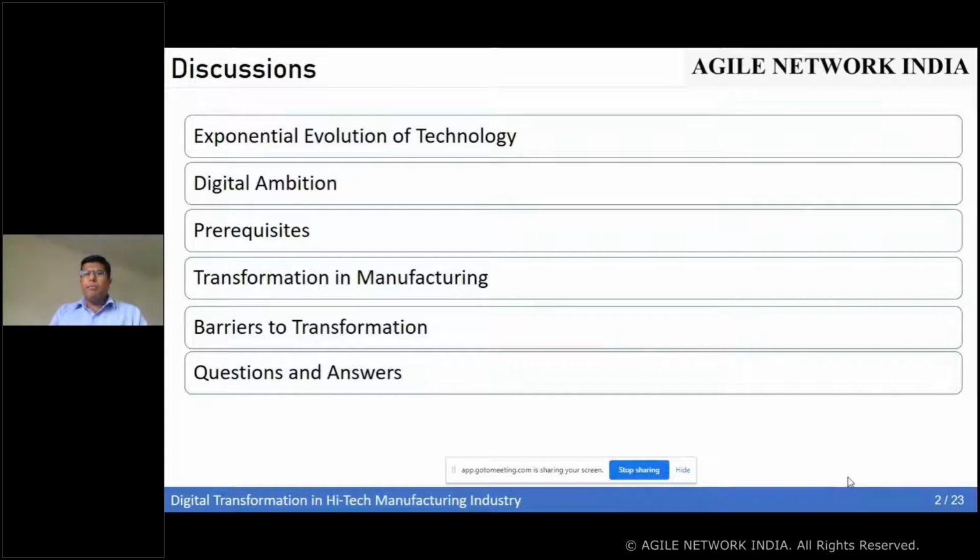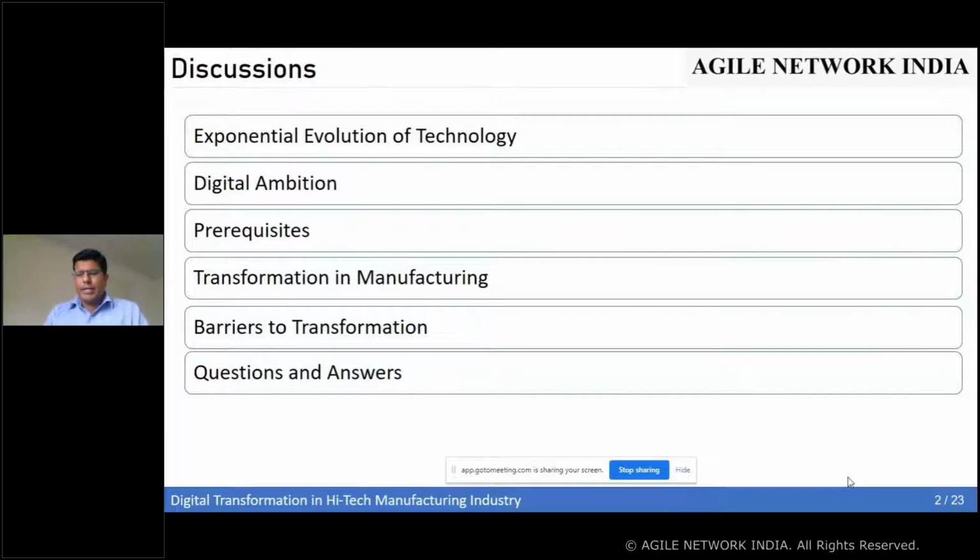We will see the prerequisites required before we embark on this journey of digital transformation, how transformation is occurring in manufacturing, and the barriers to transformation. And then you can put some questions in the tab. It will be great.